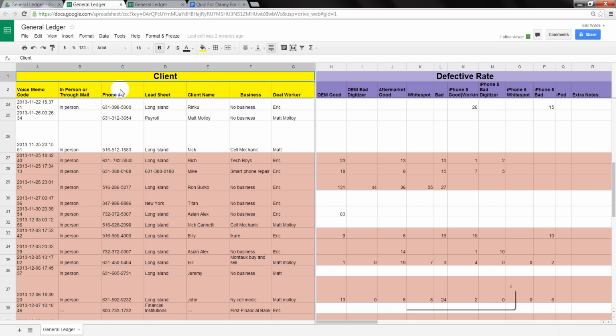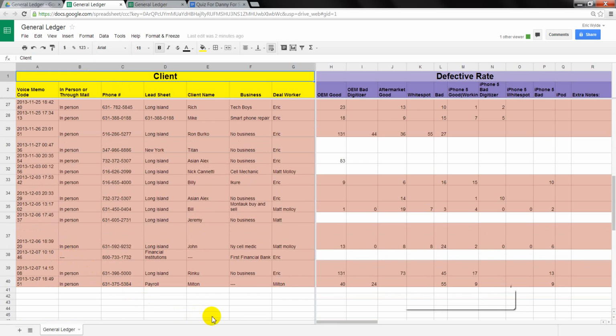For instance, if you go to a client, it's possible that you may test screens, buy screens from him, and sell those screens. So this information should be found in the General Ledger. For instance, you'd have the information on which client you went to. You also would have the information on the defective rate if he tested screens.